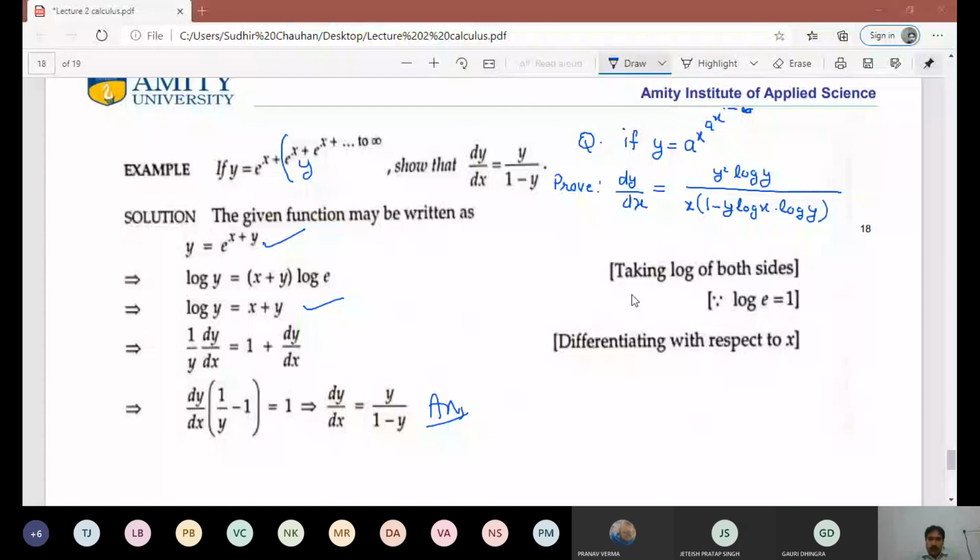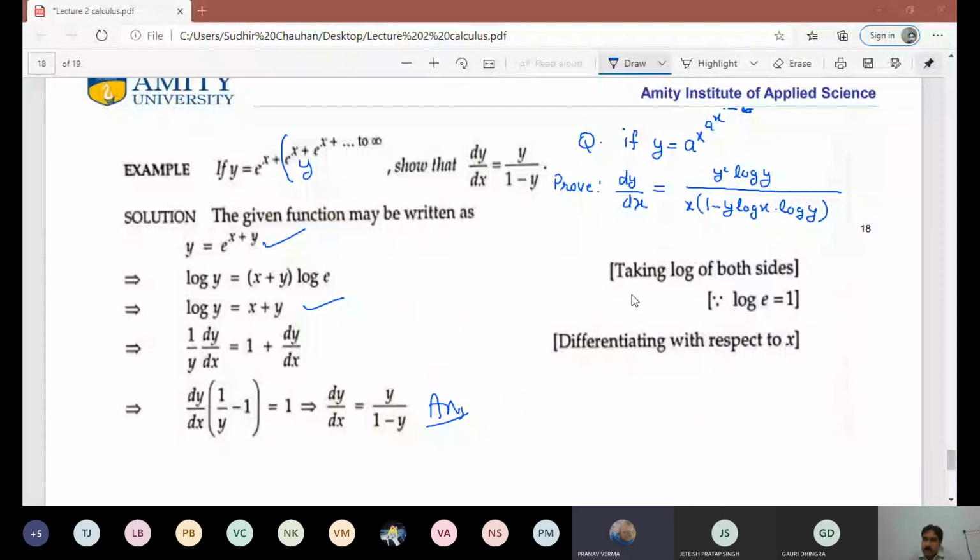Or I can tell you right now. What you have taken is y is equal to a raised to power x raised to the power y. Then you have to take the log. Then log y will be x raised to power y log a.